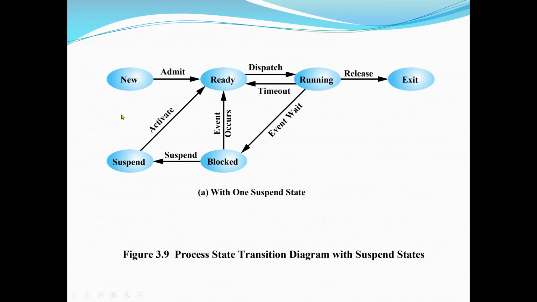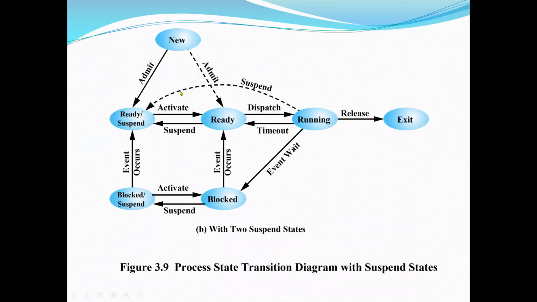So we have the concept again, from new state to ready, suspend, blocked, running, etc. In admit, we move from new to ready. Then there is event occurs from blocked, and then dispatch and release.